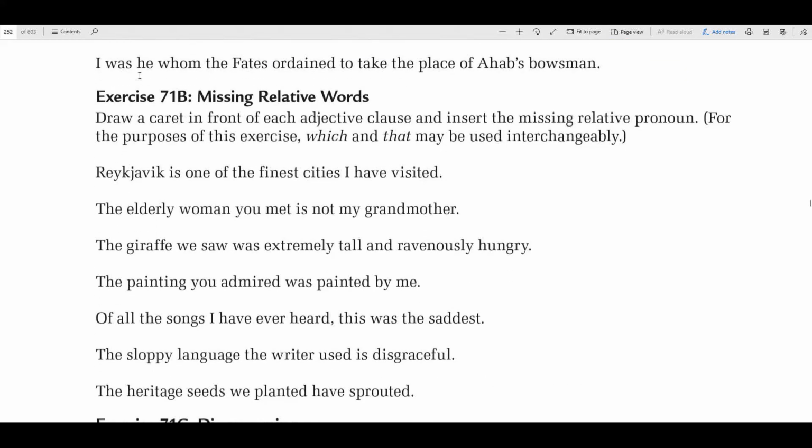I was he whom the fates ordained to take the place of Ahab's bowsman. Okay, you should have that pretty well down now.